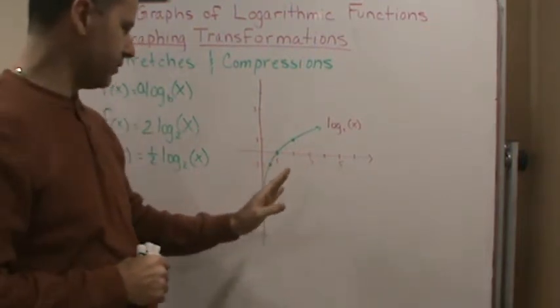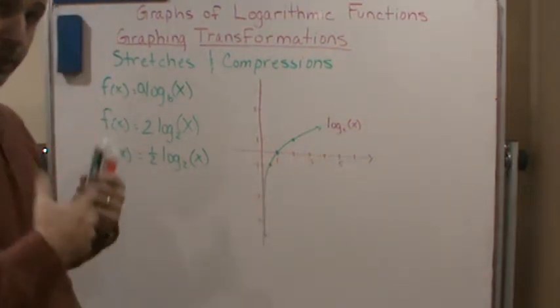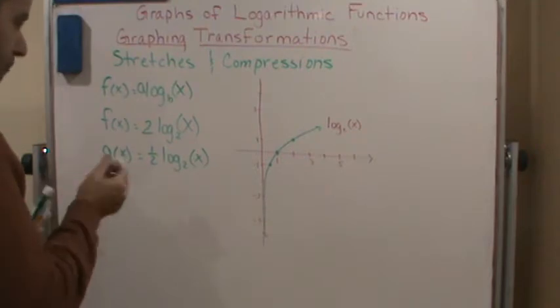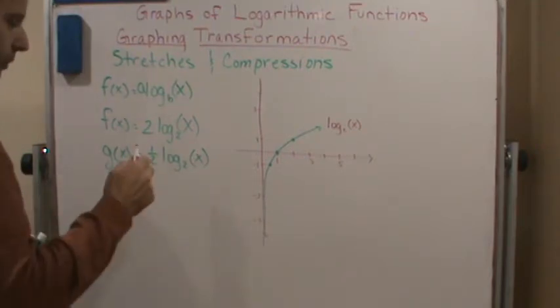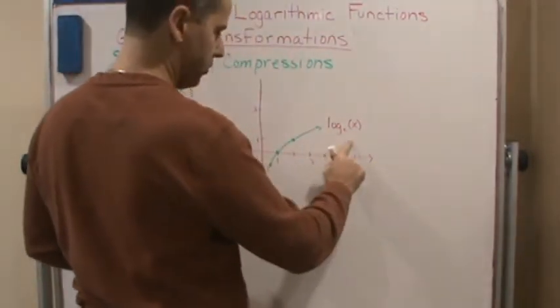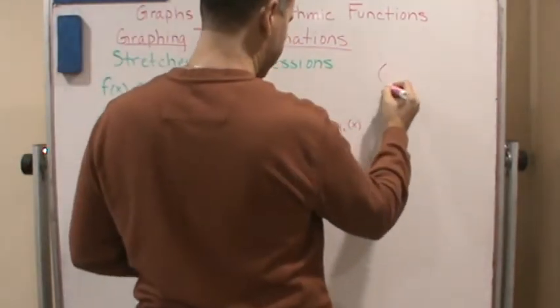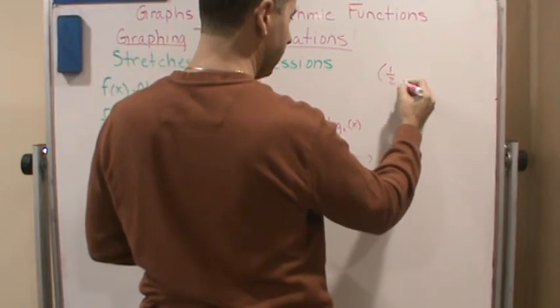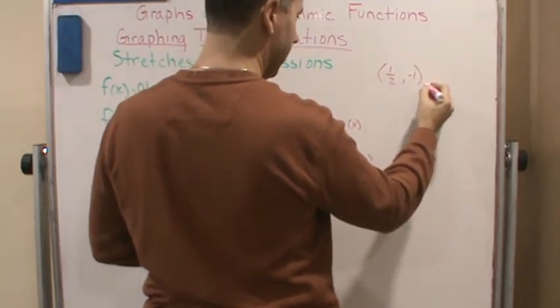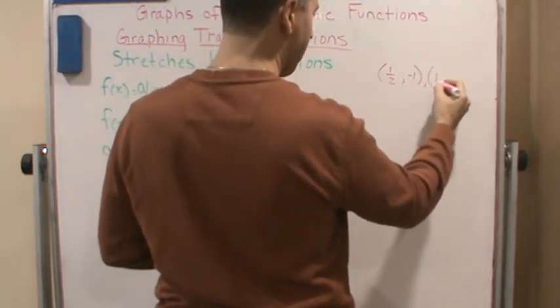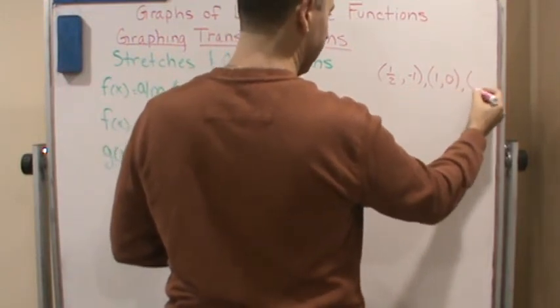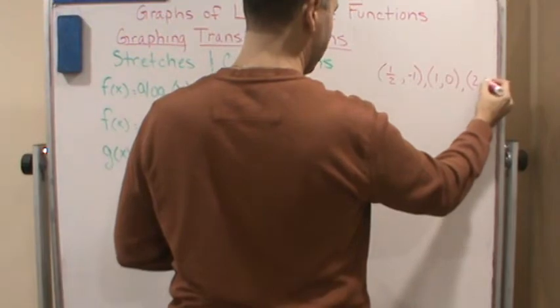So all of the y coordinates are going to be multiplied by 2. So again, what are the 3 points that this goes through? Well, it's going to be 1/2 comma negative 1, 1 comma 0, and 2 comma 1.